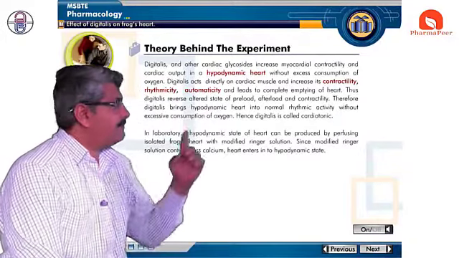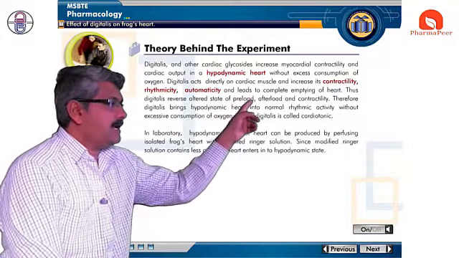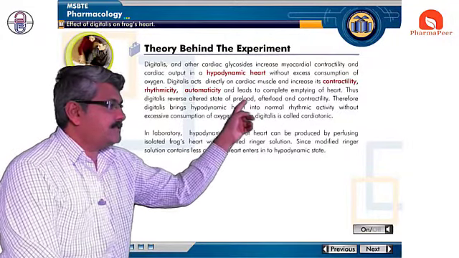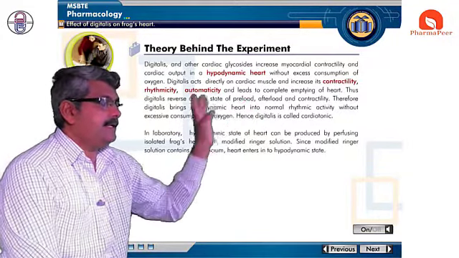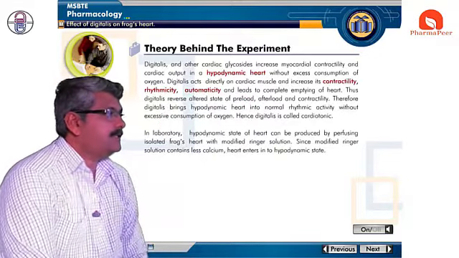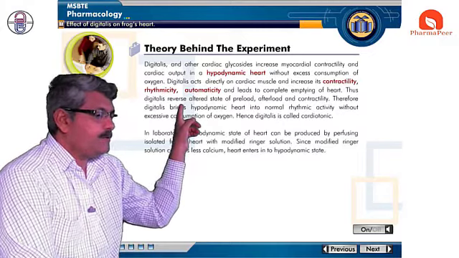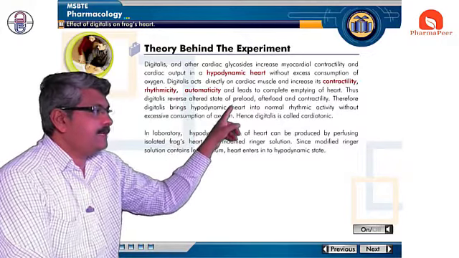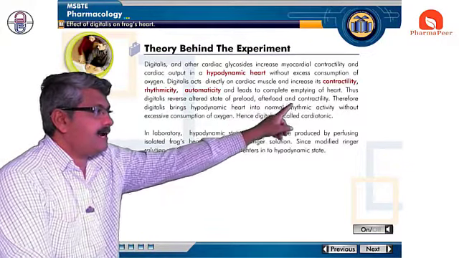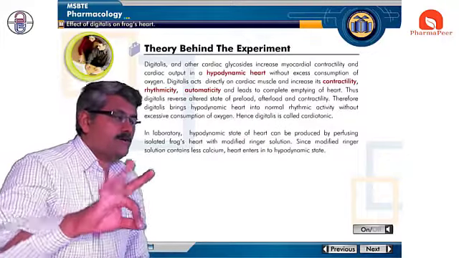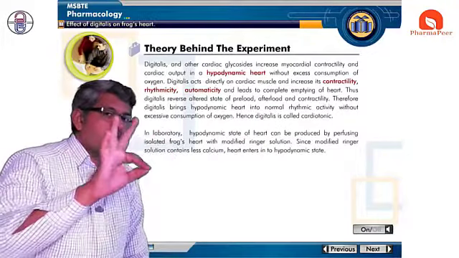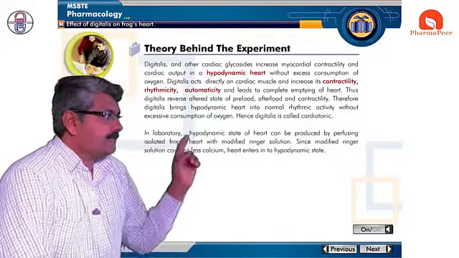Due to these three parameters, these drugs enter the heart, completely emptying the blood, and thus digitalis reverses the altered state of preload, afterload, and contractility. These are the three causes on which digitalis works.